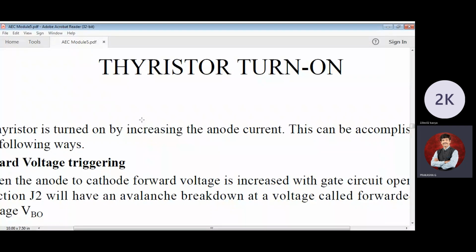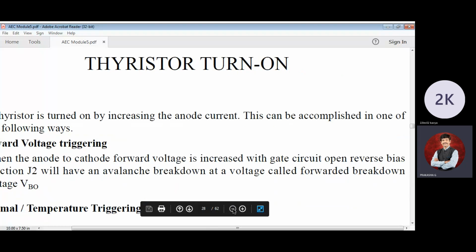T is your pulse width. T1 is the overall time, on time plus off time both put together. If you are getting confused, you can go for T1 plus T1. This is the entire overall time. This is your pulse time. That is the active time. So that is your gate characteristics.